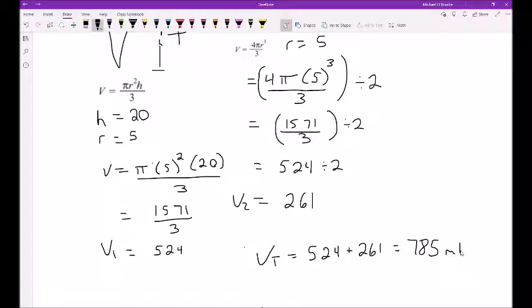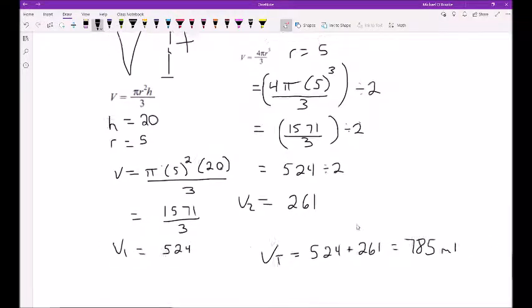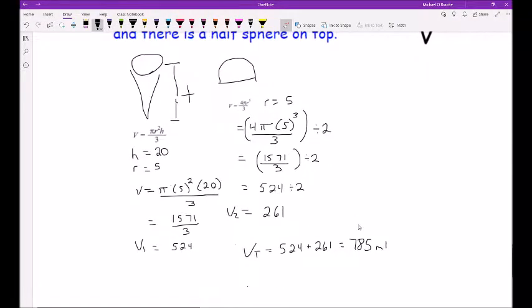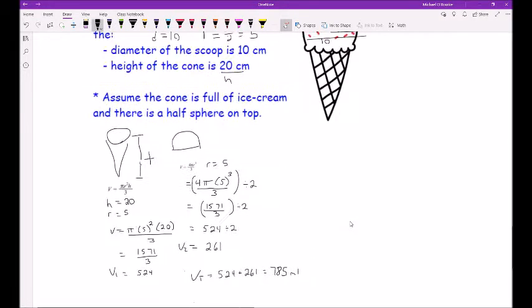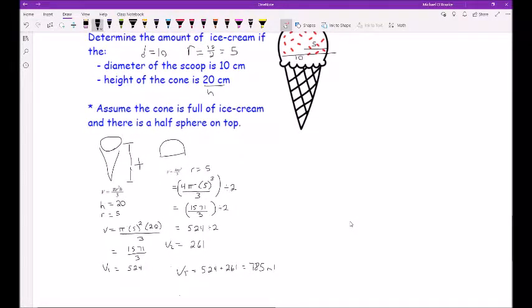That's rounding. 781, that's good. That's rounding error along those lines. And if you use just 3.14, you'll get a different answer than using the actual pi button. The more you can use your pi button, the better.